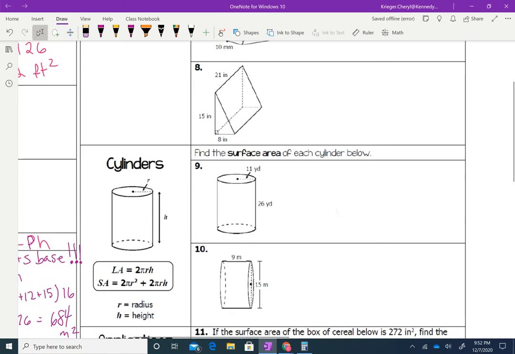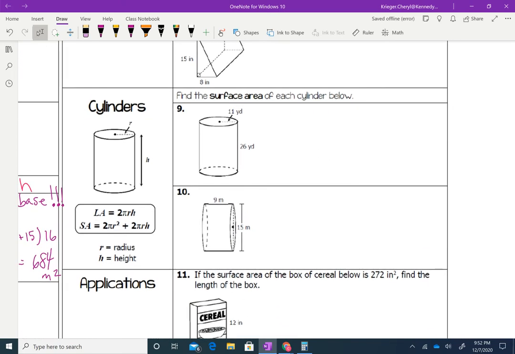And I'm going to do a cylinder and an application problem. So here we go. The surface area of a cylinder is the same formula, 2 times the area of the base plus perimeter times height.